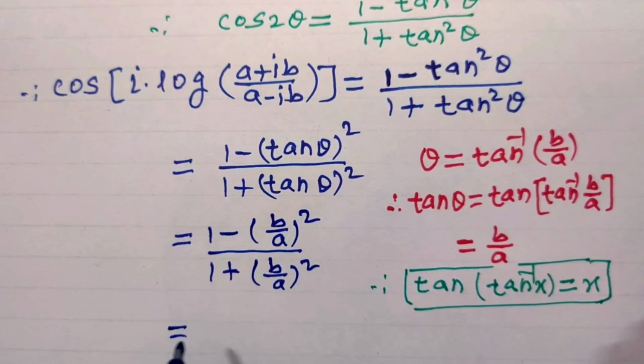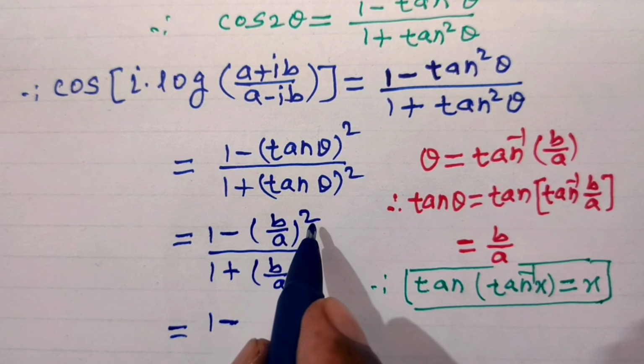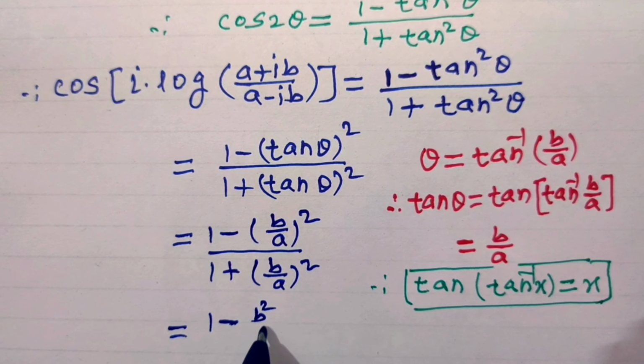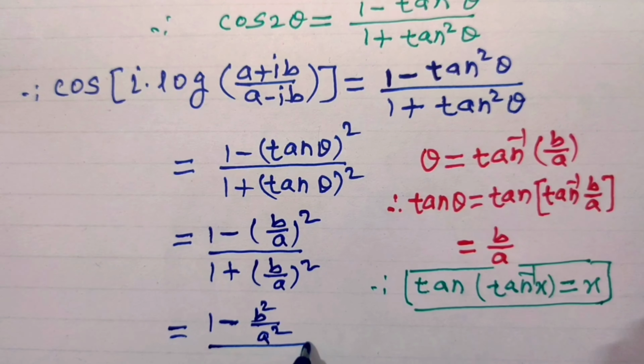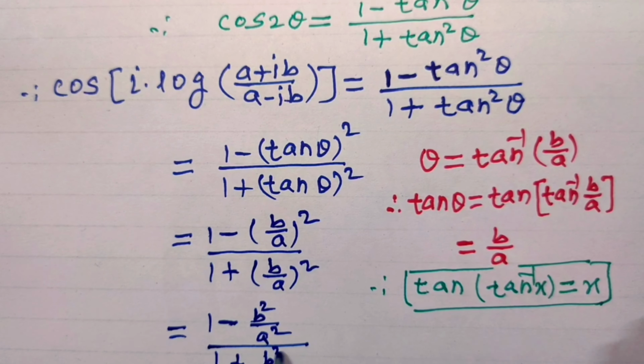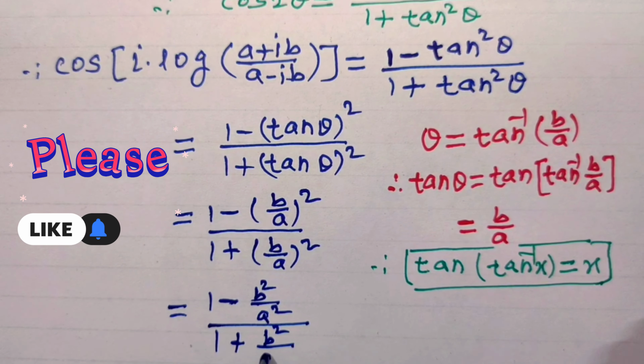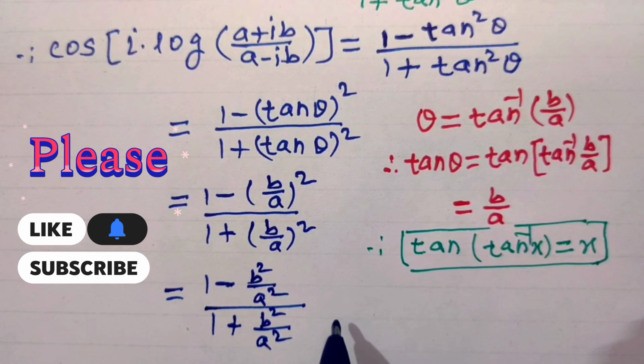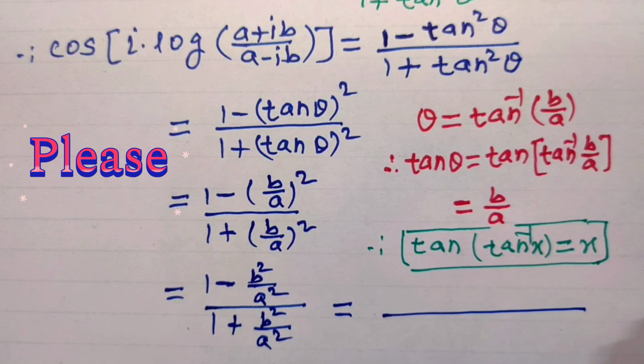This is equal to 1 minus b square divided by a square, divided by 1 plus b square divided by a square. Now this is equal to a square into (a square minus b square) divided by a square in the numerator, and the denominator becomes a square into (a square plus b square) divided by a square.